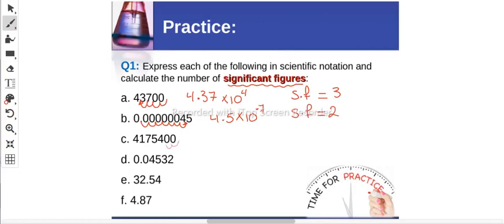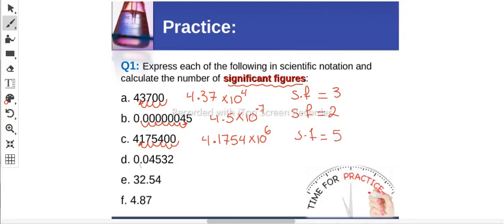In C, another time, I will start counting going to the left side. So this is 4.1754 multiplied by 10 to the power of 6, and the significant figures number here, according to the total number appearing, is 5.